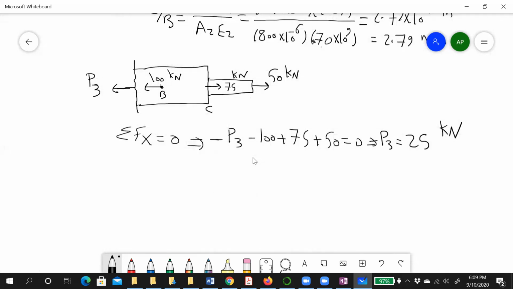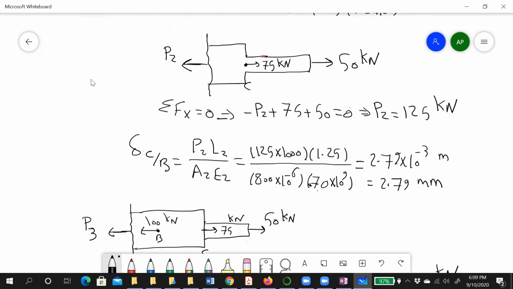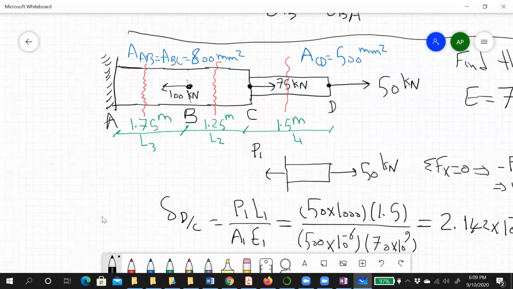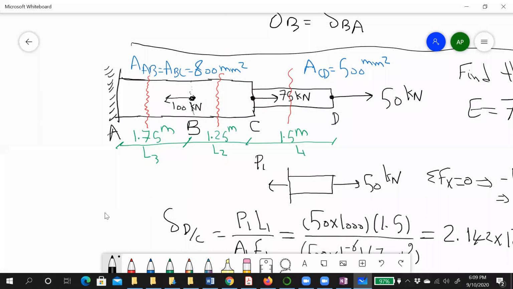Okay, then the last one, delta BA. So we have P3. For segment BA, what is L? 1.75. What is the cross-section area? 800, exactly.